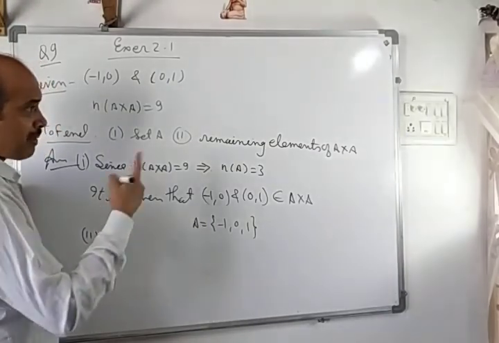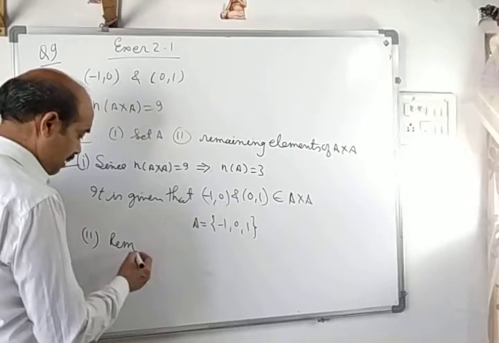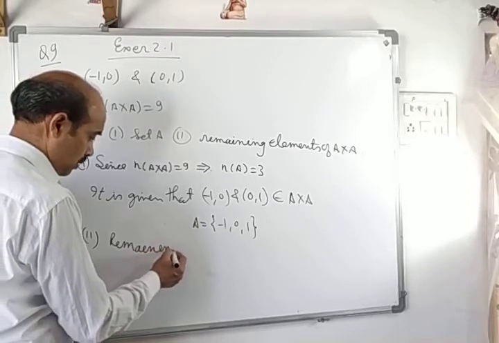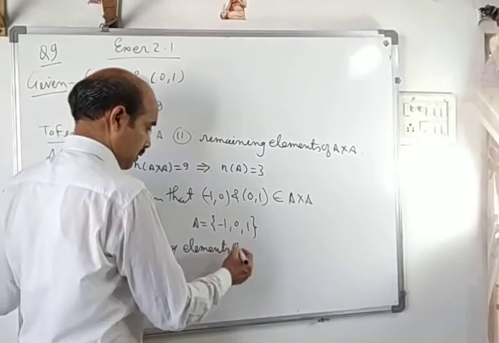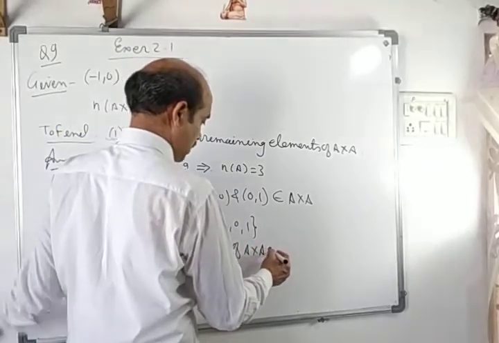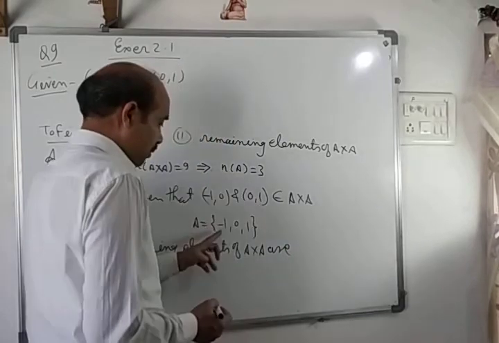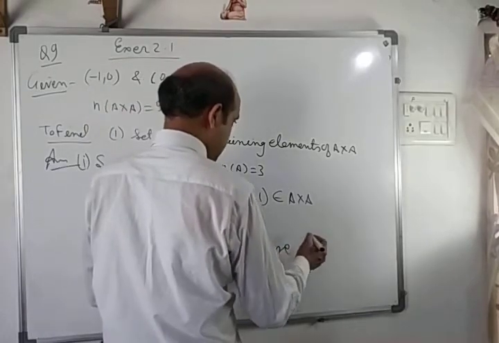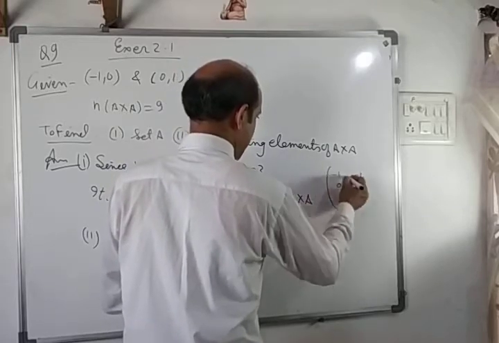Now in the second part, the remaining elements. So we will write, leaving these two, the remaining. First of all, you may write like this, -1, 0, 1 on two sides.